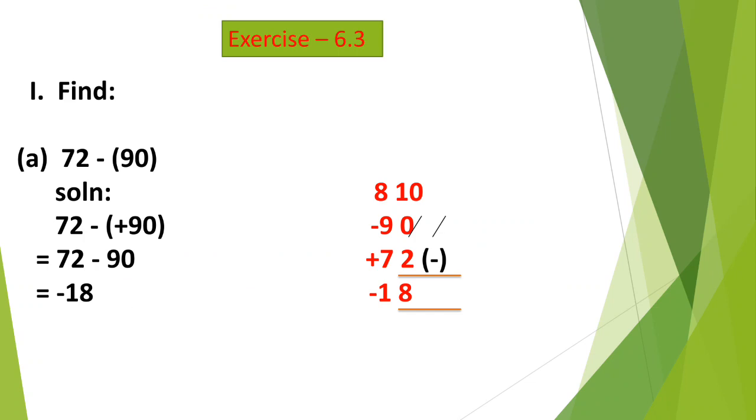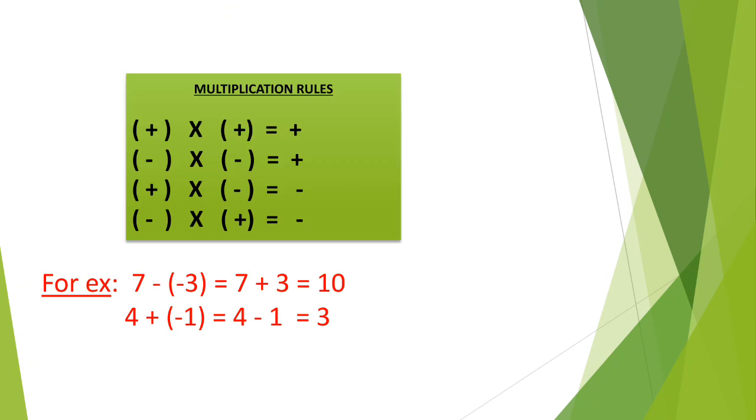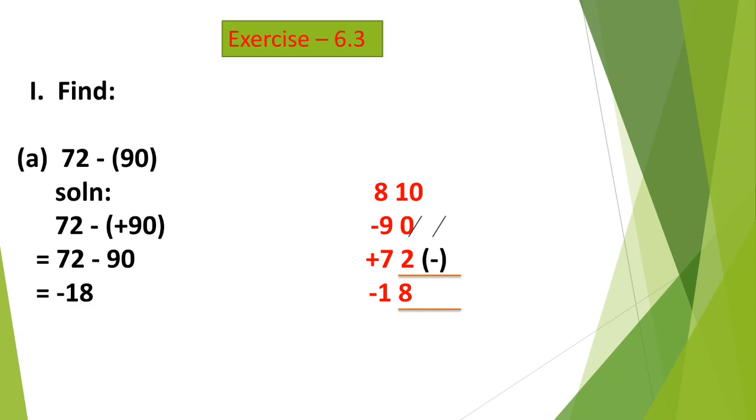First one, 72 minus 90. We can write 72 minus plus 90. 90 is a positive number. Now we are going to multiply minus inside. 72 minus into plus, minus into plus is minus.